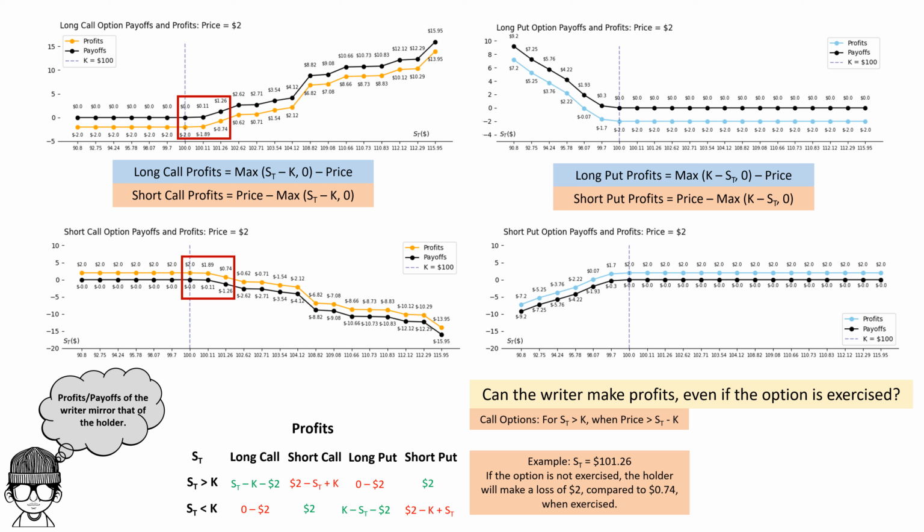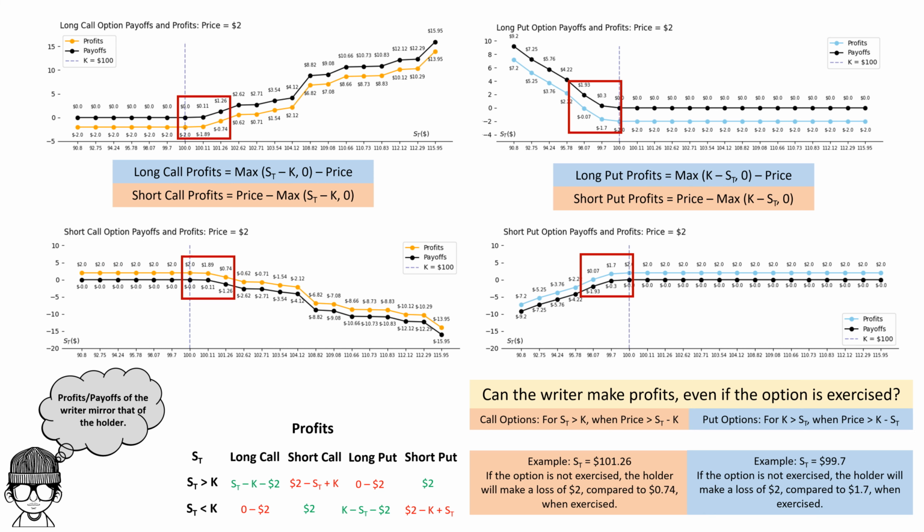If the option is not exercised, the holder will make a loss of $2, compared to when exercised, they will make a loss of $0.74. Therefore, in this scenario, the option will be exercised and the holder will make a loss of $0.74, which would be a profit for the writer.